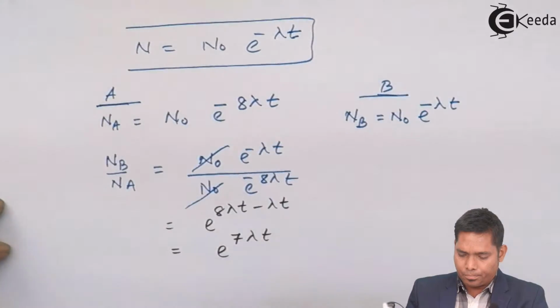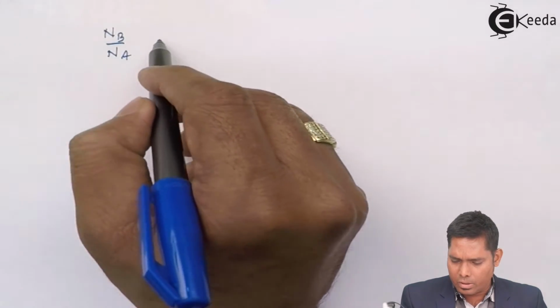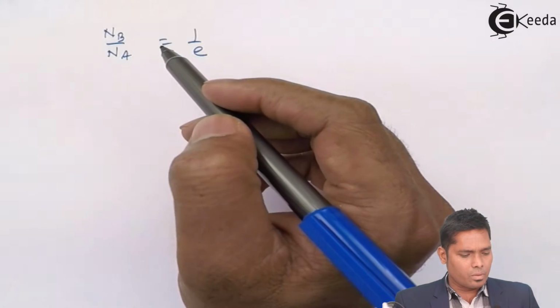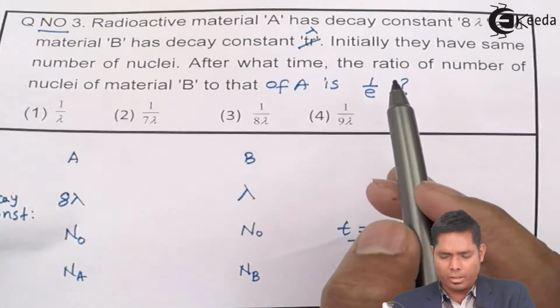Now we have NB over NA, which is also given in the question. NB over NA in the question is given as 1 over e, because if you see the question, the ratio of the number of nuclei of B to that of A is 1 over e.